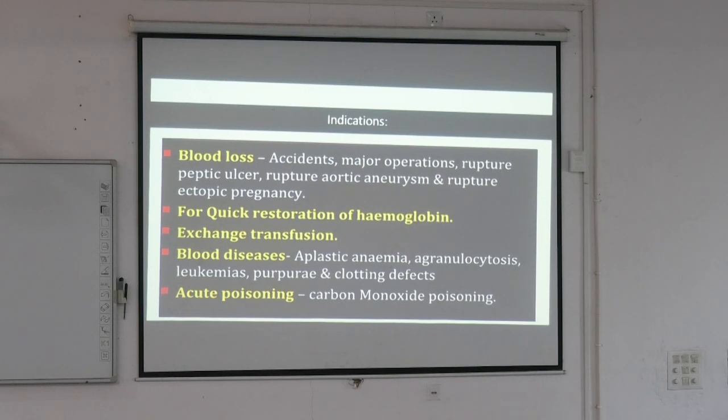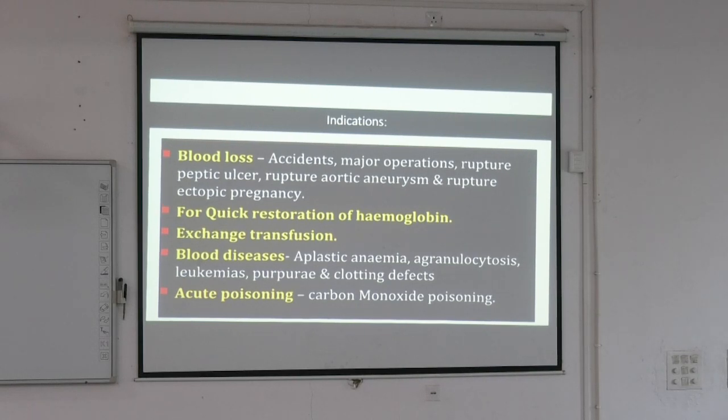positive blood. Rh disease in newborn, and blood diseases like aplastic anemia, agranulocytosis, where blood is not produced in the marrow. Blood elements are not produced in the marrow. So the marrow will fail to produce mature blood cells, and the patient will be anemic or will have a low total lymphocyte count and low platelets.